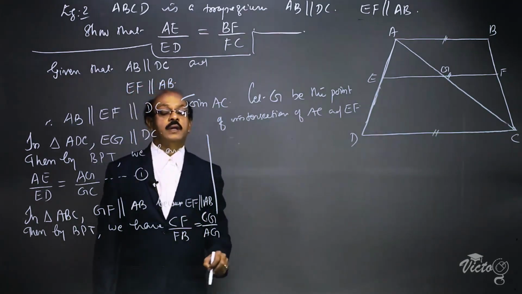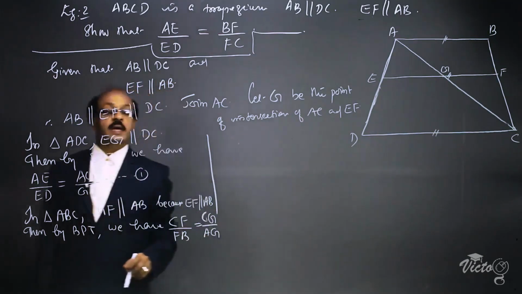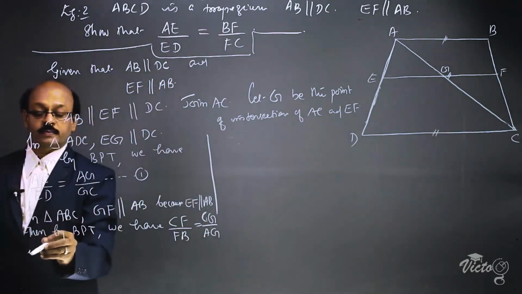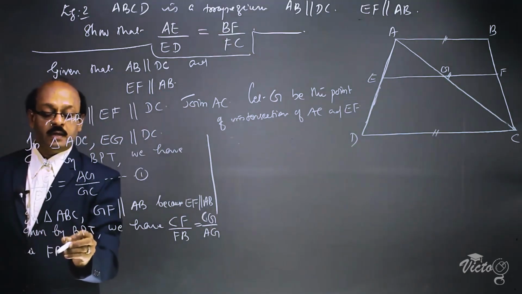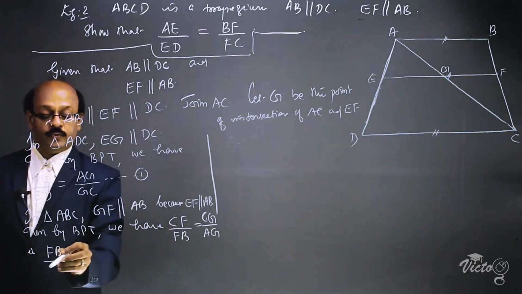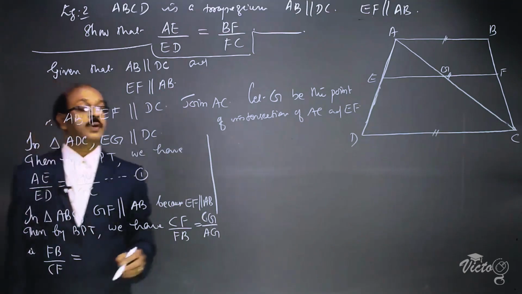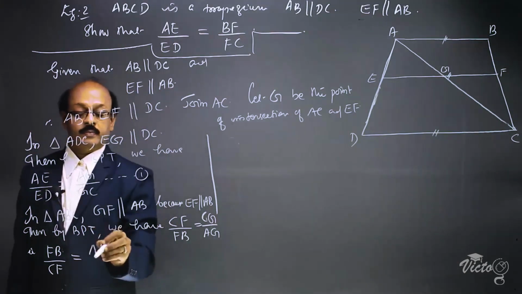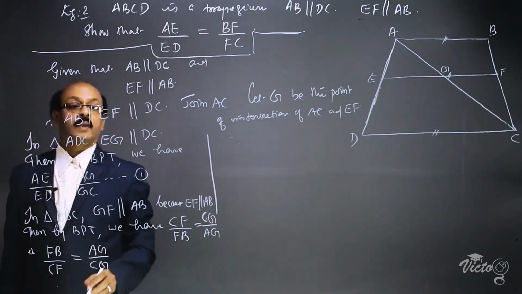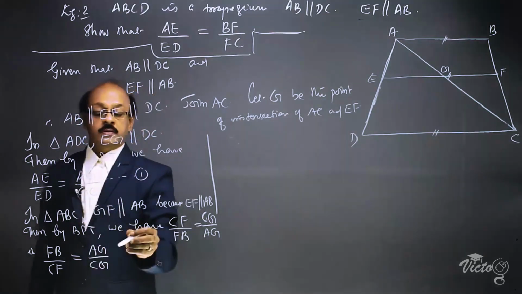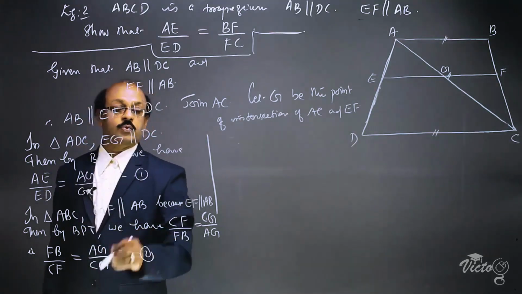Taking the reciprocals, we have FB by CF is equal to AG by CG. This is equation number 2.